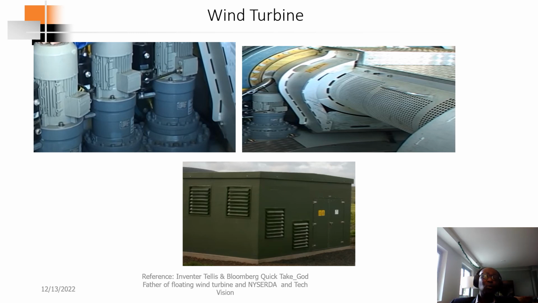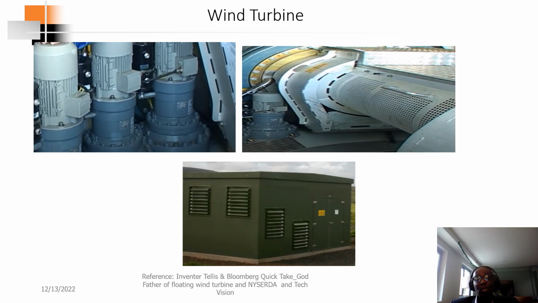As you know, this wind turbine has an output voltage of about 690 volts, right? So it is connected to this step-up transformer, and the step-up transformer steps the voltage to a collection level of, let's say, 33 kV, and these days they are moving to a 66 kV AC collection point.